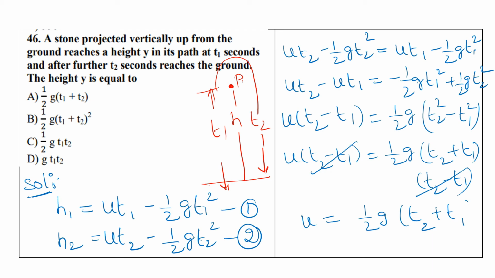t2 plus t1. Now h1 is equal to, substituting this u value in equation 1. Now substituting, h1 is equal to half g of t1 plus t2 minus half g t1 square.